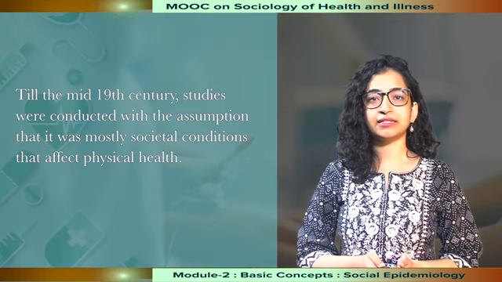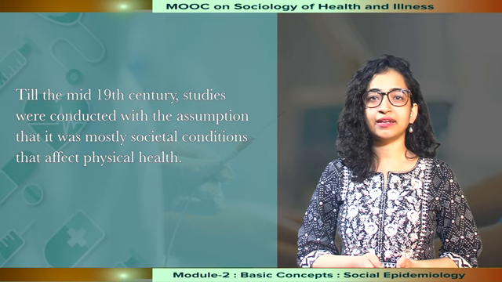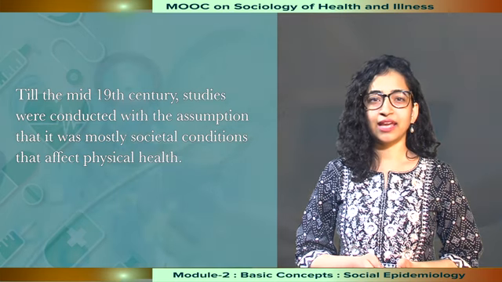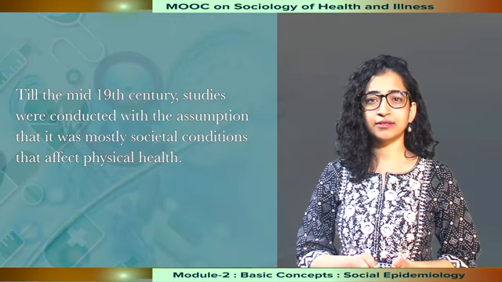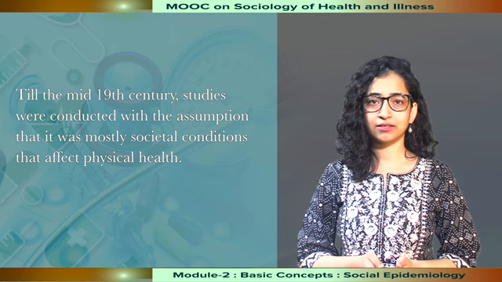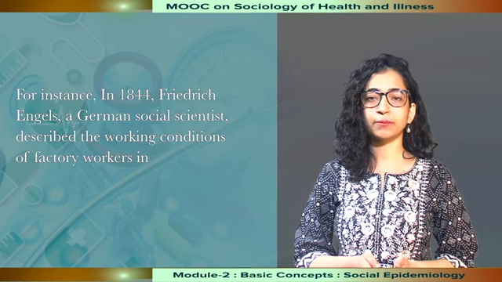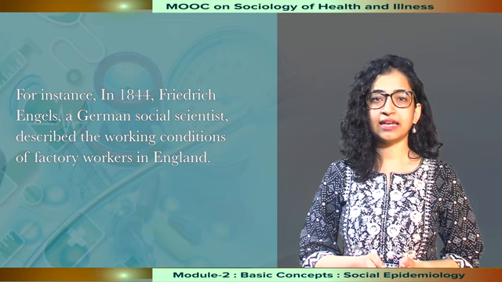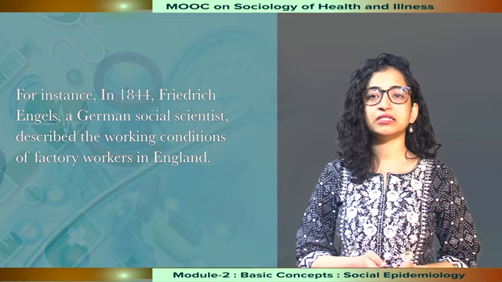Until the mid-19th century, studies were conducted with the assumption that it was mostly societal conditions that affect physical health. For instance, Frederick Engels, in 1844, described the working conditions of the factory workers in England.